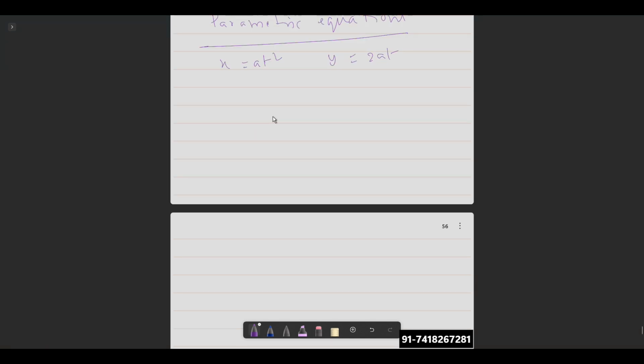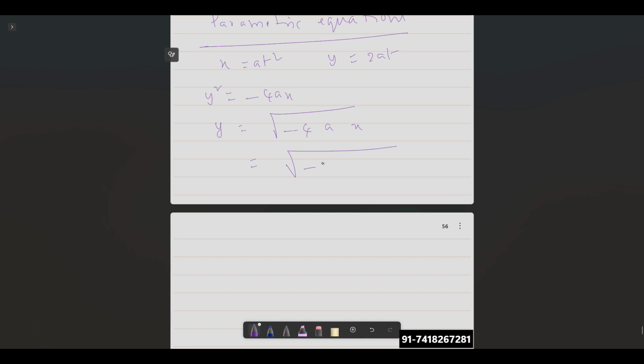Now we have seen one form, that is y square is equal to 4ax. Suppose your equation is y square is equal to minus 4ax, what would be the coordinates or parametric equations? Again you have to take y is equal to root of minus 4ax, and the root of a minus is an imaginary number, which is not a solution. So for that, we have to introduce a minus.